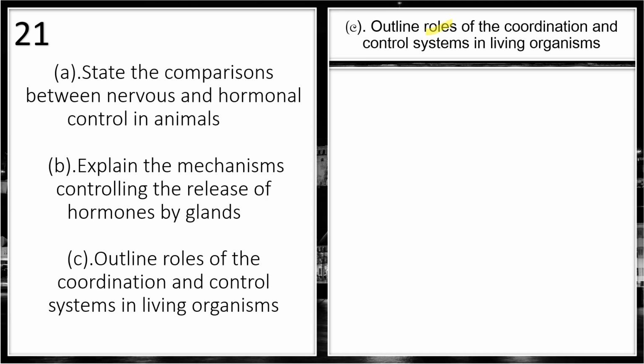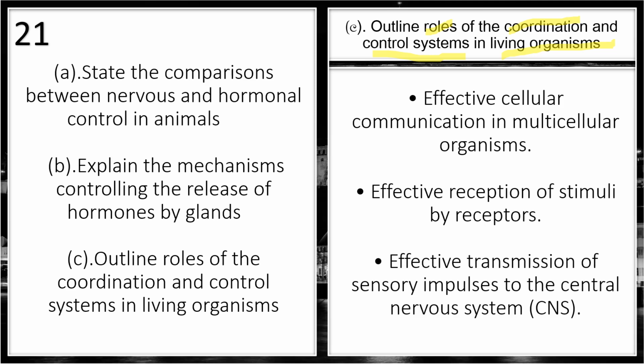Outline roles of coordination and control system in living organisms. 1. Effective cellular communication in multicellular organisms. 2. Effective reception of stimuli by the receptors. 3.